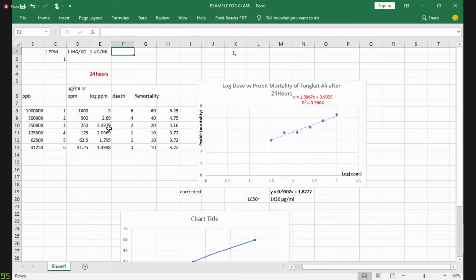Sorry, I cannot use the word equals to. So this is to achieve 1 parts per million, 1 microgram per mil.